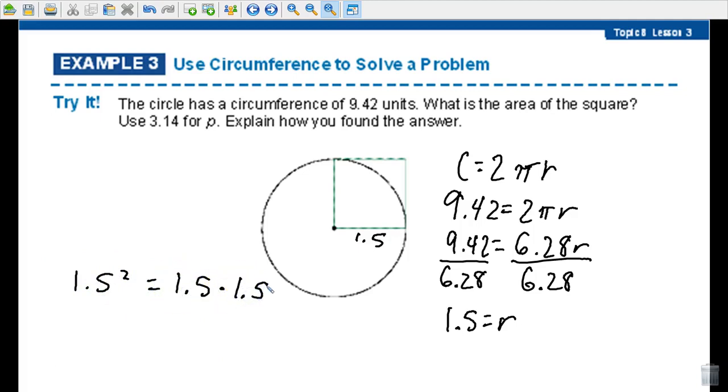They're both the same thing. 1.5 times 1.5 equals 2.25. And that is your answer for the area of the square.